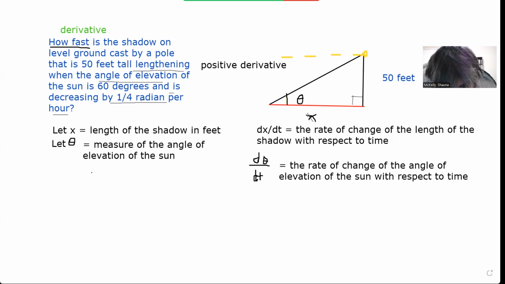And that leaves me with opposite side to the angle over the adjacent x. Opposite over adjacent, or x over 50, for example, which would be cotangent. I'm going to use the tangent relationship here and write my equation. So I'm going to write my equation next.